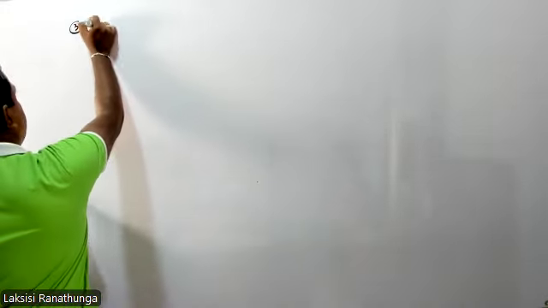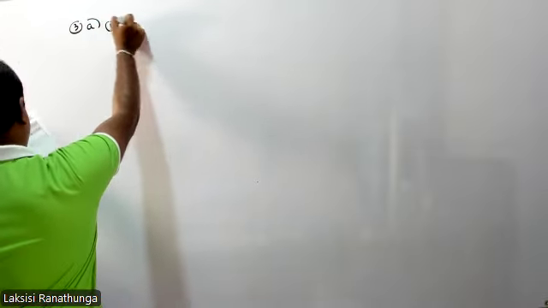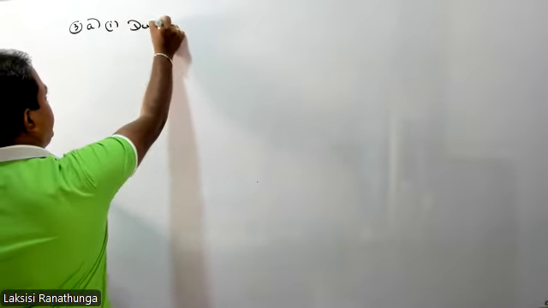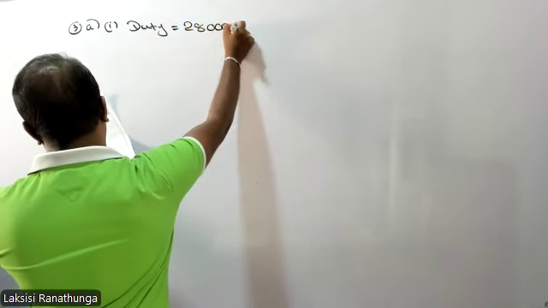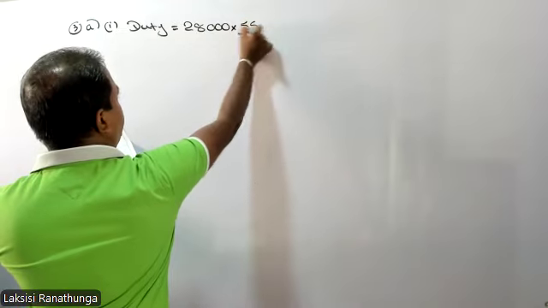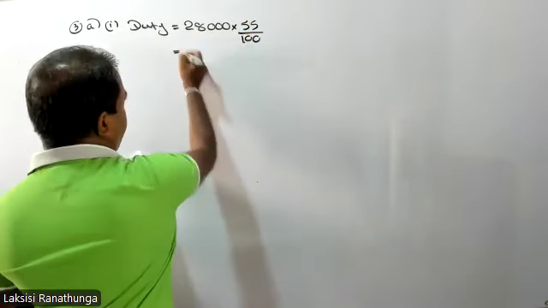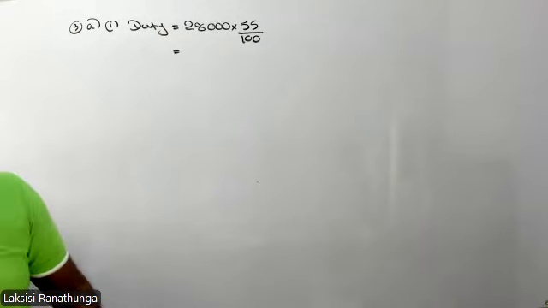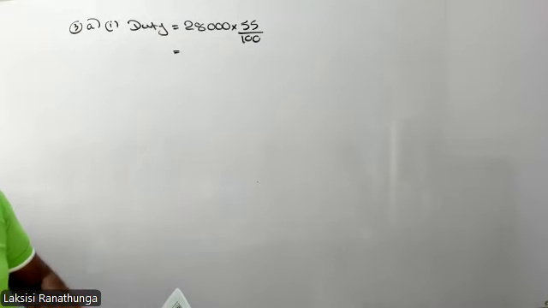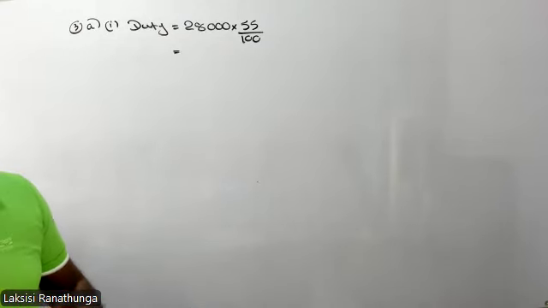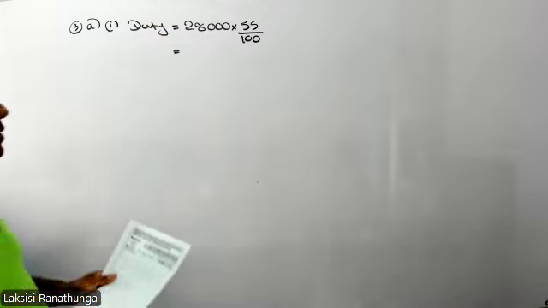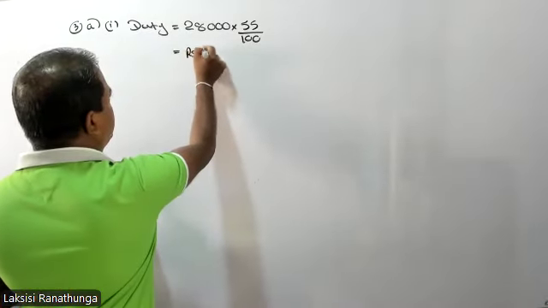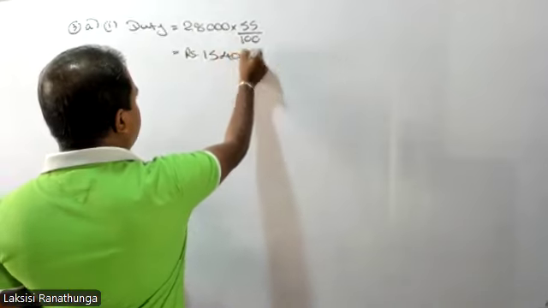Question number 3, part A, from number 1. Amount of duty is 28,000 multiplied by 55%. That means 15,400 rupees.